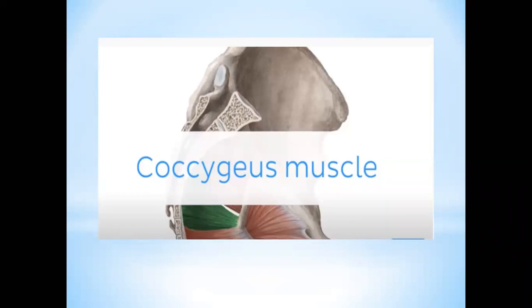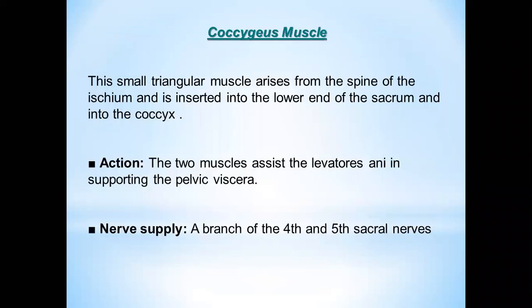Now, the pelvic diaphragm is made up of two muscles: one is the levator ani, and another is the coccygeus muscle. The coccygeus muscle is a very small triangular muscle arising from the spine of the ischium, and it is inserted into the lower end of the sacrum and also into the coccyx bone. Now, what does the coccygeus muscle do? It assists the levator ani muscle in supporting the pelvic viscera. So both muscles work hand in hand to support the pelvic viscera.